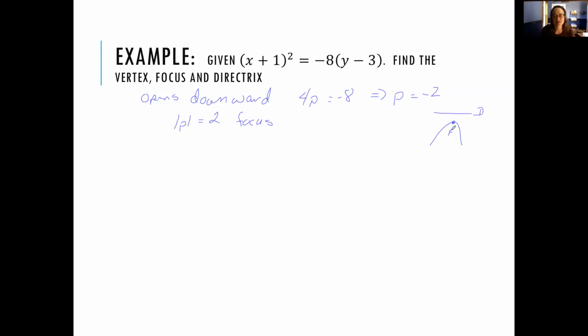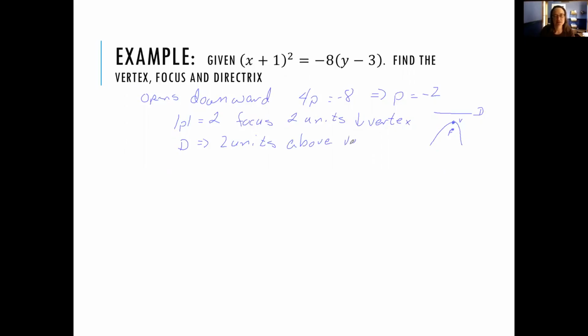So the focus is right here. What this means is the focus is 2 units below the vertex, and the directrix will be a horizontal line 2 units above the vertex.